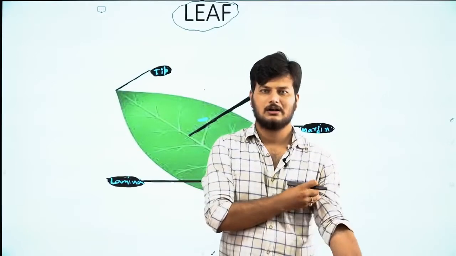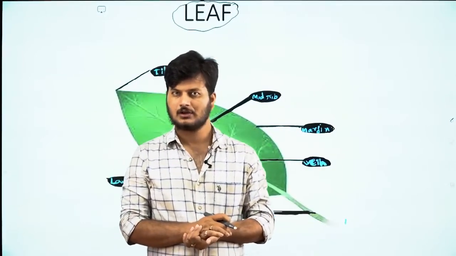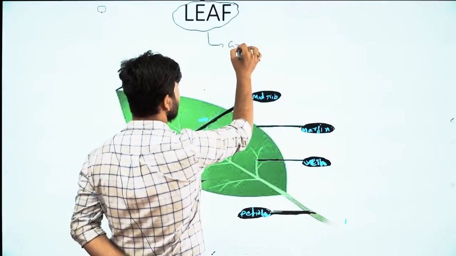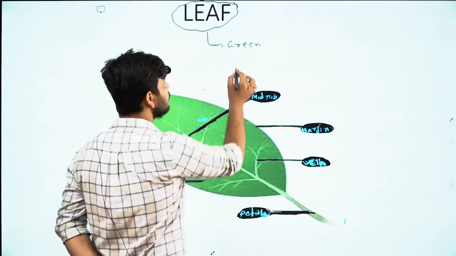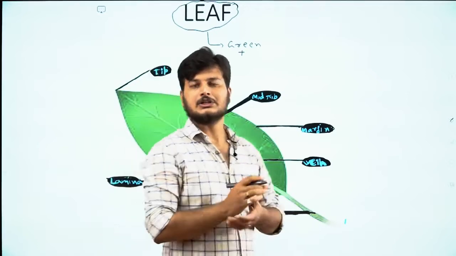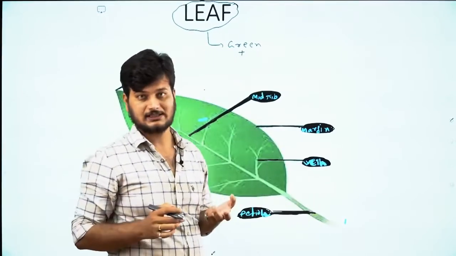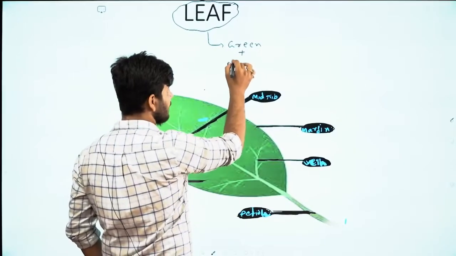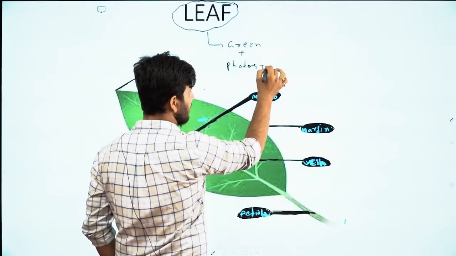Actually, inside a plant, a leaf is a special structure which generally seems to be green, and the green is due to chlorophyll, as you know, and due to the presence of chlorophyll, it has the power to do photosynthesis. We can say that the leaf is a greenish structure which has the capacity to do photosynthesis.